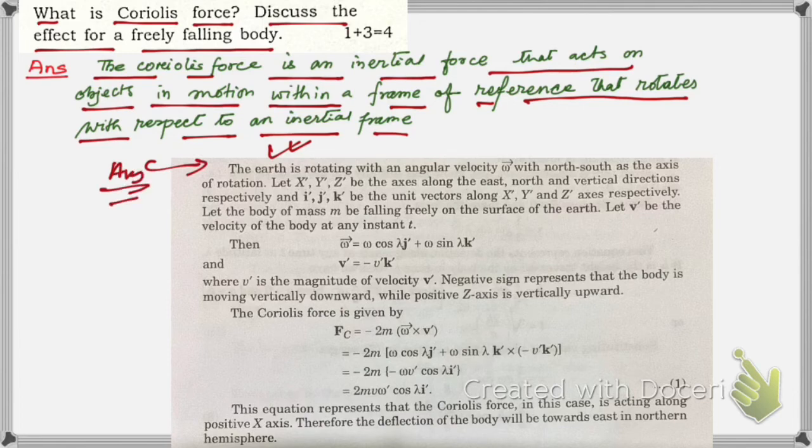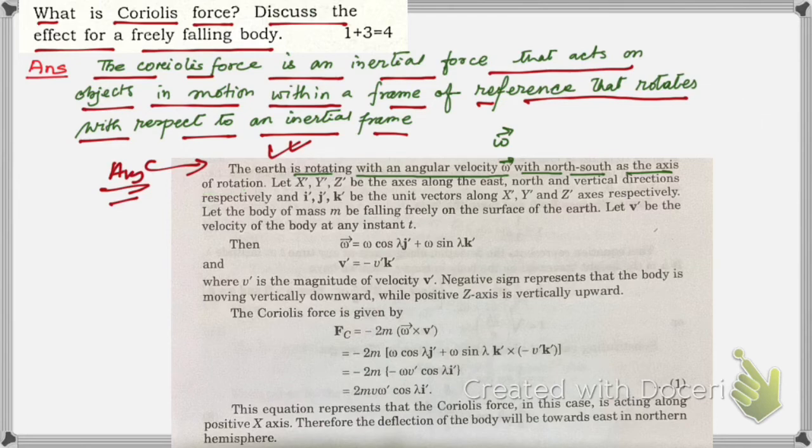And here is the next part of the question. Suppose we consider the earth rotating with an angular velocity omega, with north and south as the axis of rotation. So let me draw it clearly.